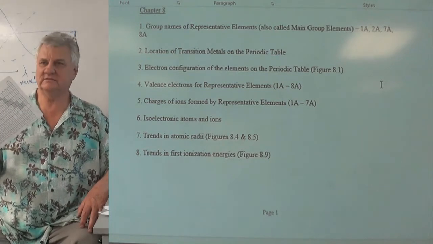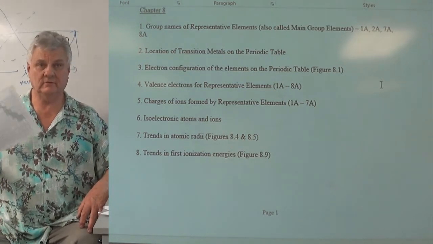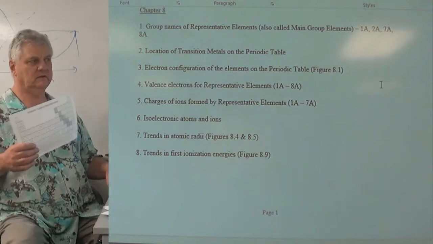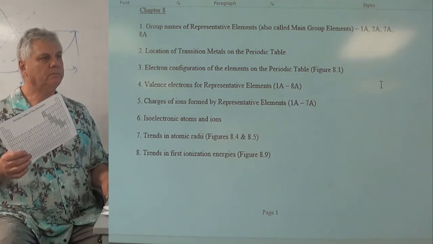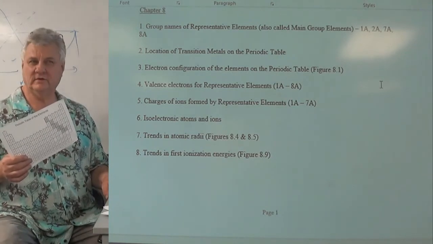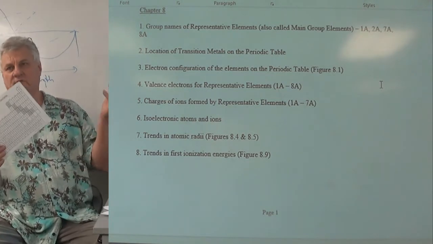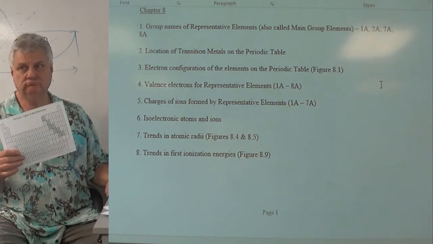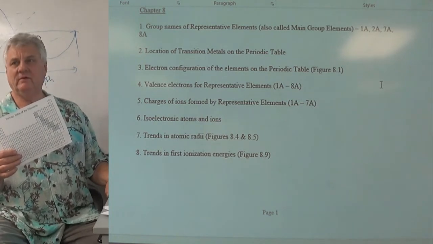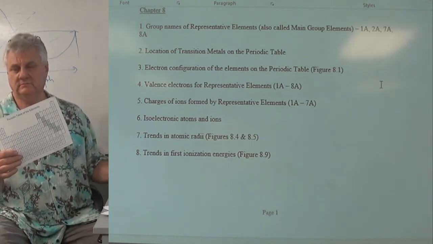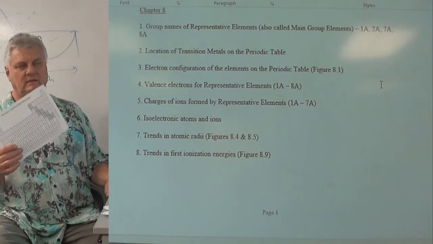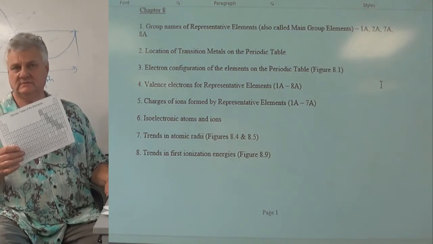They have 8 valence electrons, and they're unusually stable when there are 8 valence electrons. The 8 valence electrons really correspond to a filled s orbital and the 3 p orbitals. It's the filling of the p orbitals that ultimately results in the unusual stability of noble gases.